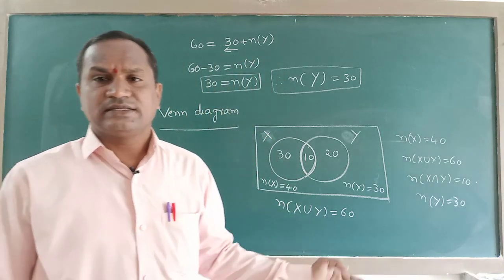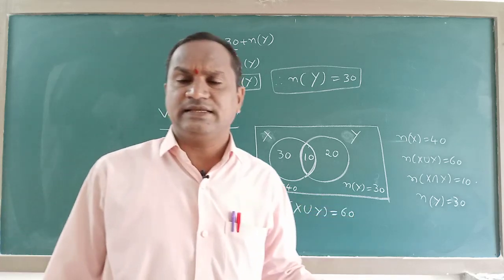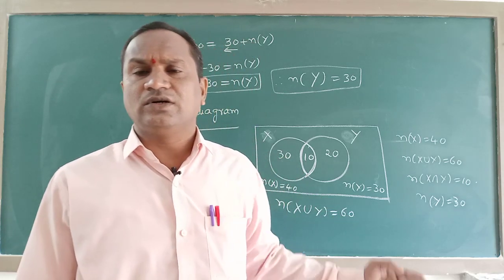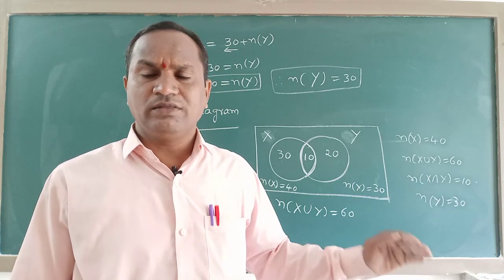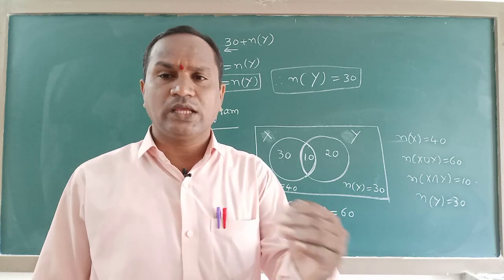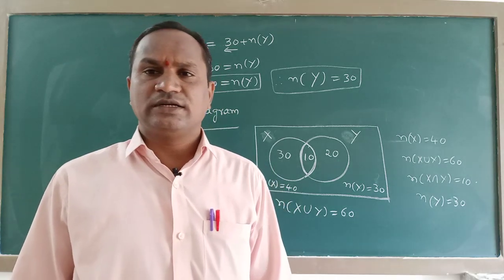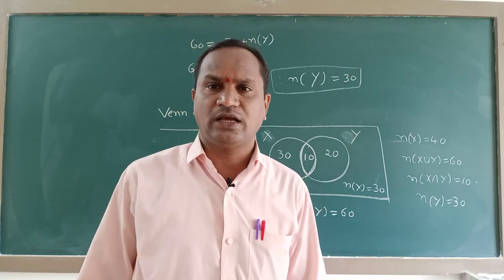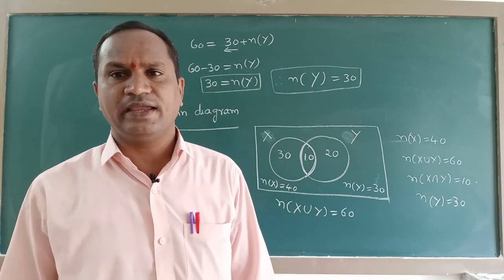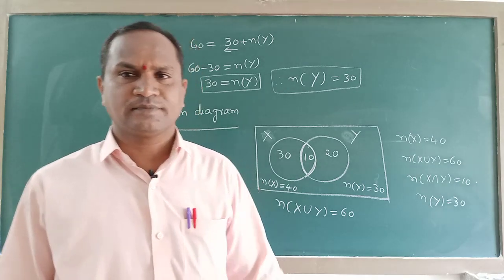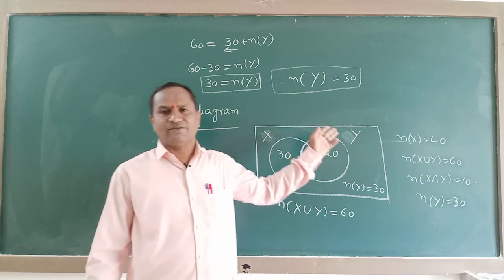Similarly, we did similar questions in the previous class, and in the last class we finished all these questions. But all these problems depend only on the union formula, that is n of a union b is equal to n of a plus n of b minus n of a intersection b. Instead of a and b, we just put x and y.